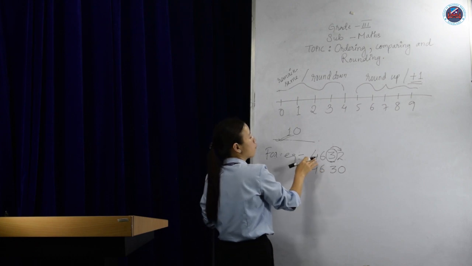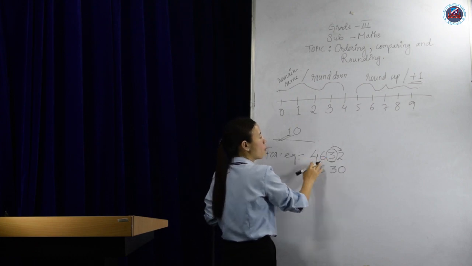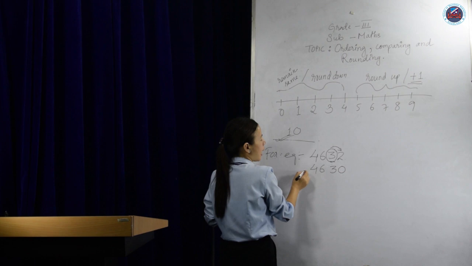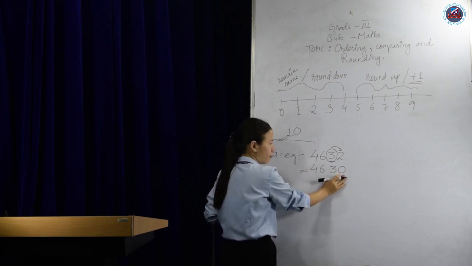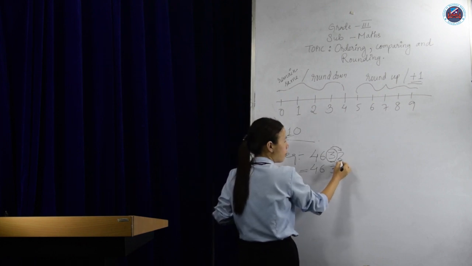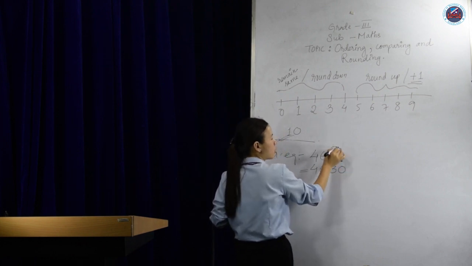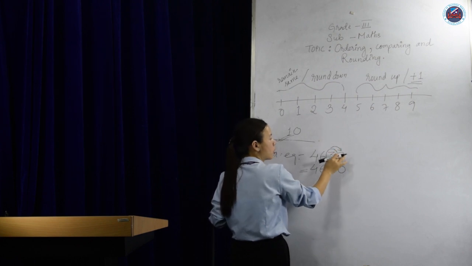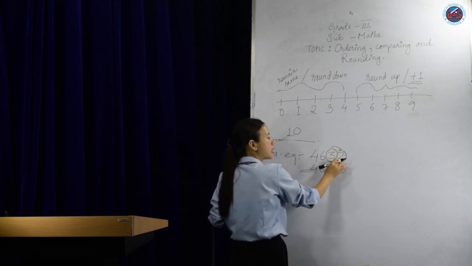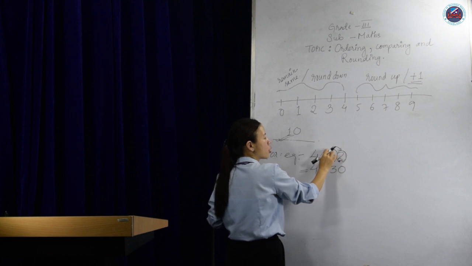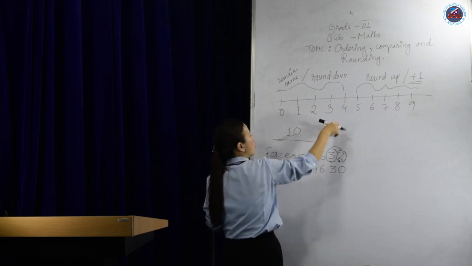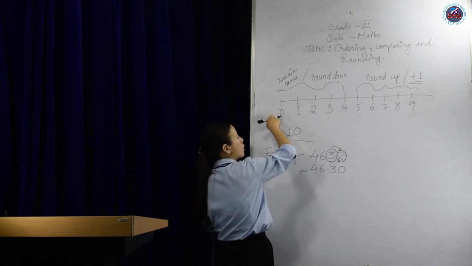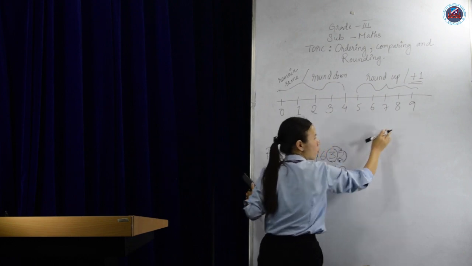That is 4,632. When rounded to the 10th place, the answer we get is 4,630. Remember, the digit to the right of the 10th place digit is the decision maker. It will decide whether the 10th place comes under the first rule or the second rule.